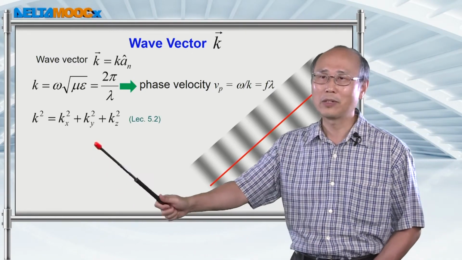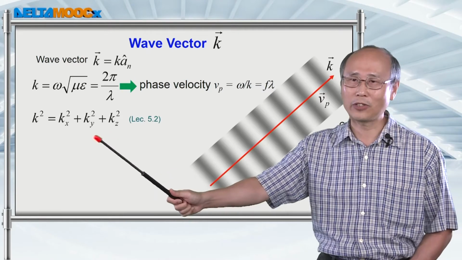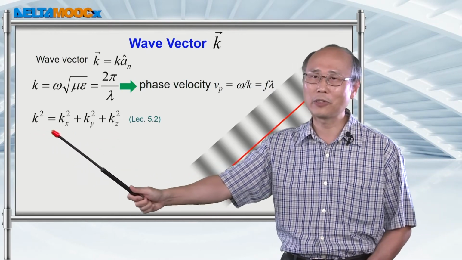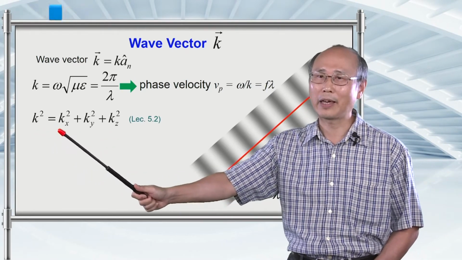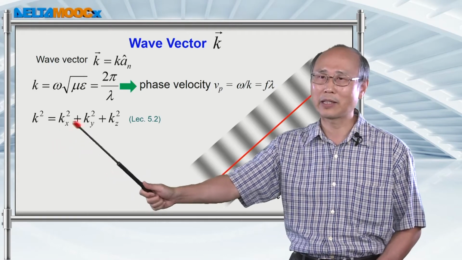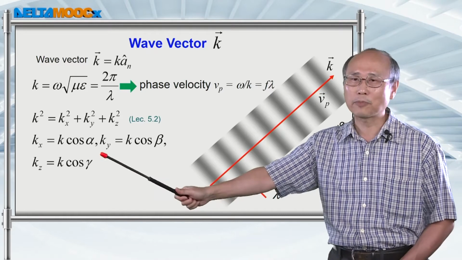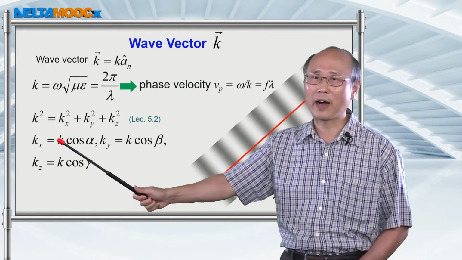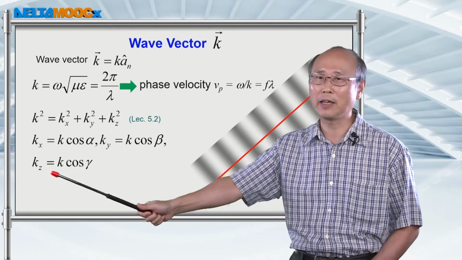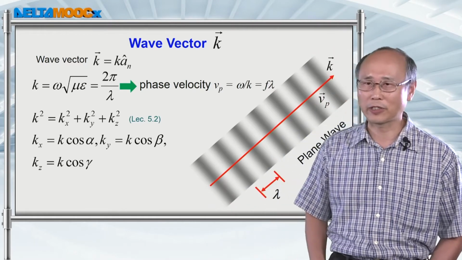And in the last session, we also deduced this constraint on kx, ky and kz. On the last page, we also define kx, ky, kz based on direction cosines.